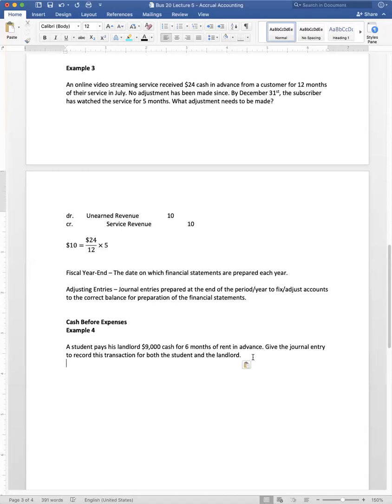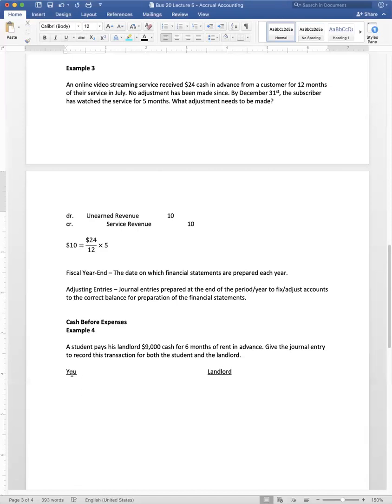So we're going to give the journal entry for this, but because accounting's so much fun, we're going to do the journal entry for both the student and the landlord. And just for simplicity, we'll say the landlord is the owner of the building.